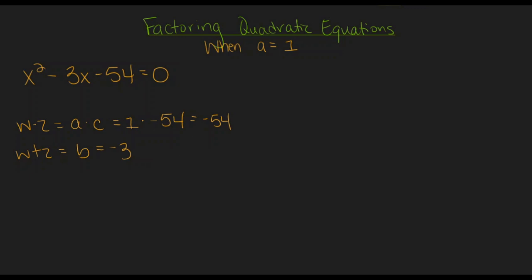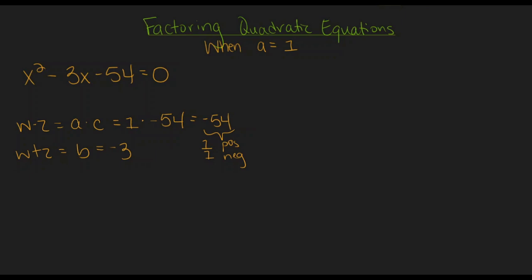There are a couple things that we can tell from both the product and the sum of our magic numbers. The fact that our product is a negative number tells us that we have mixed signs for our magic numbers. We'll have one positive magic number and one negative magic number. That's because we only have two factors creating this product.